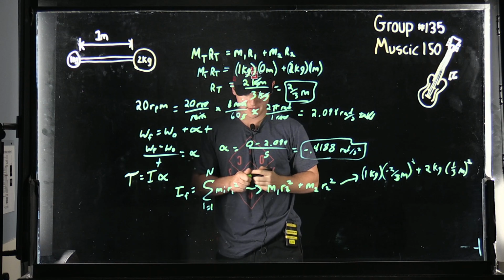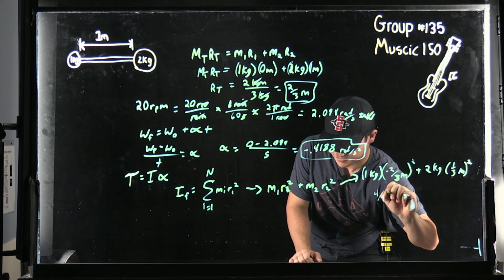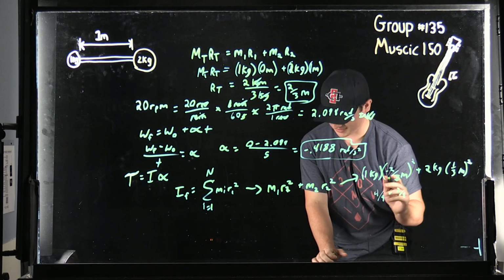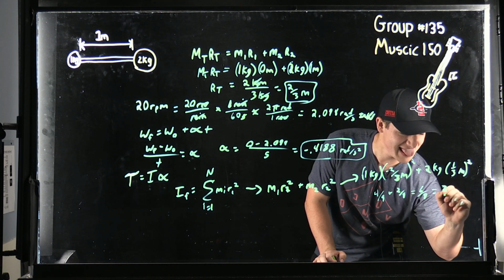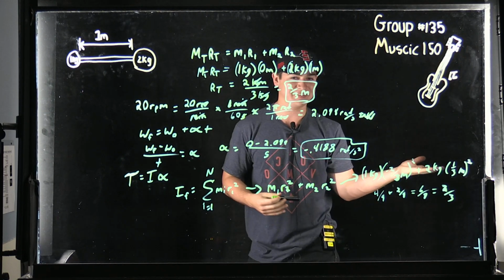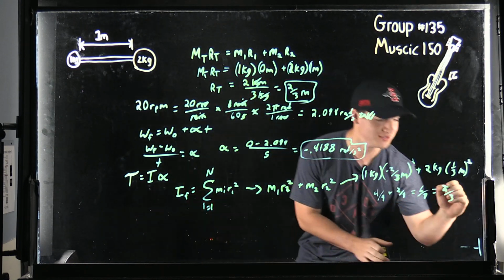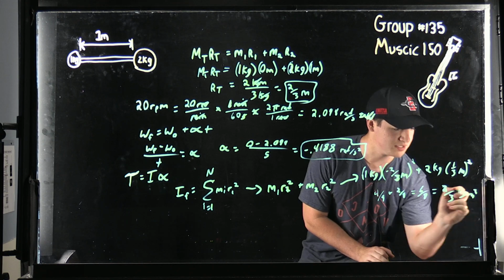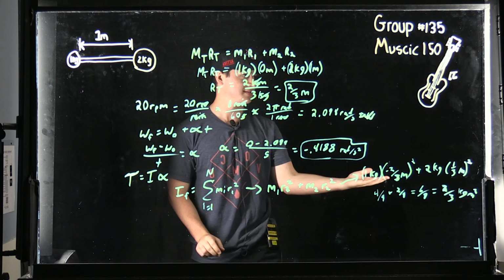Bam. And what does this equal? 4 ninths plus 2 ninths. Oh, I just love it. Okay, let's not get too excited over here. Kilograms per meter squared. That's inertial mass.